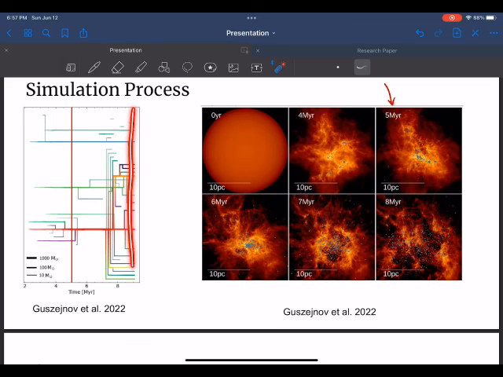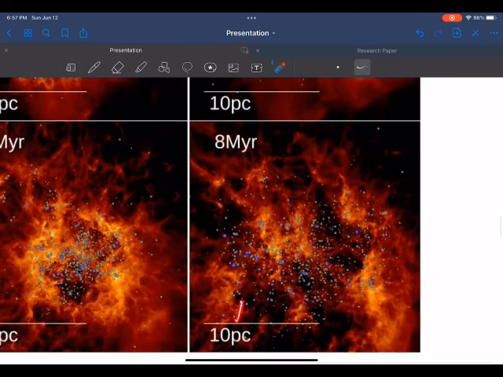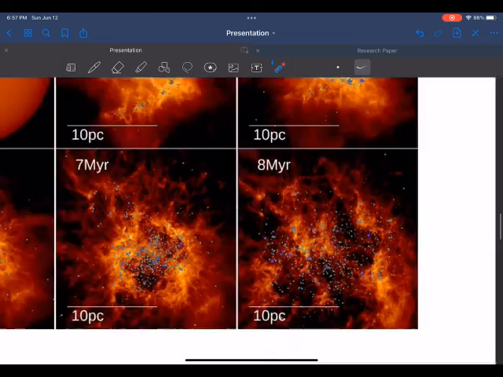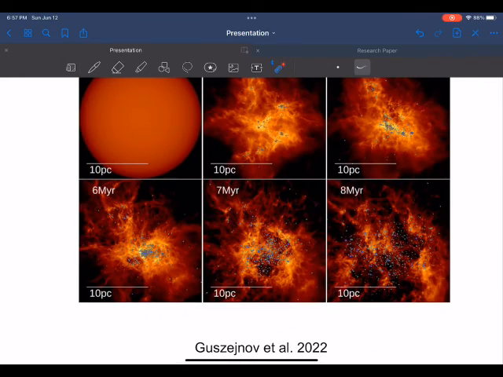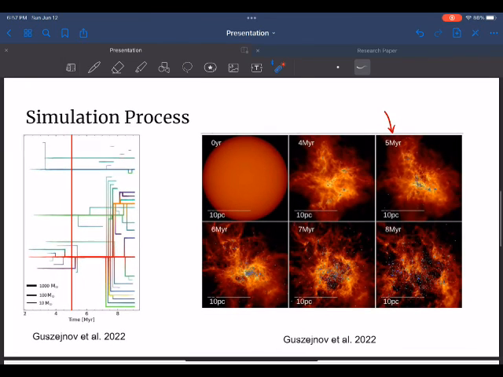Now at the 8 million year mark, as you can see from right over here, all the clusters are spread out. They're unbound. And from this picture over here, you can see that there isn't a dominant cluster in the center as in the 6 million year mark.